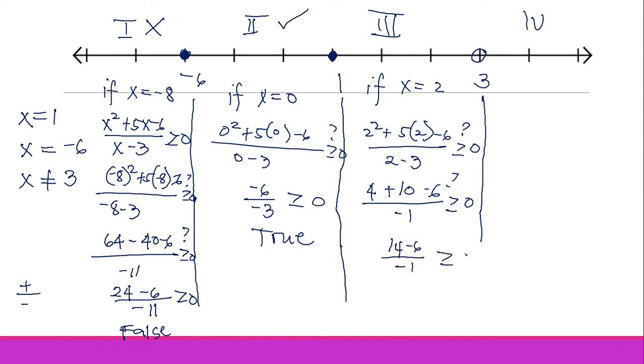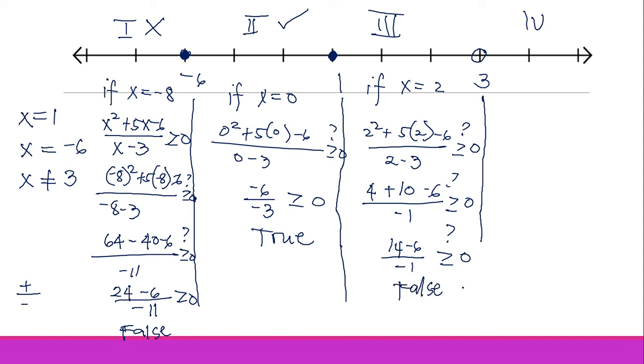Will that be greater than or equal to 0? Looking at that, 14 minus 6 is 8, that's positive. Positive divided by negative will be negative, and negative numbers are not greater than 0. So this means that this is false.